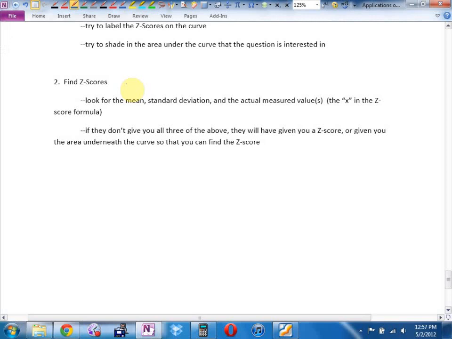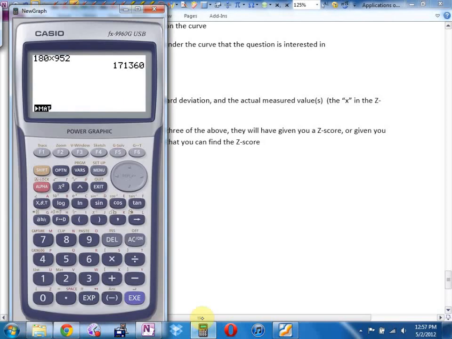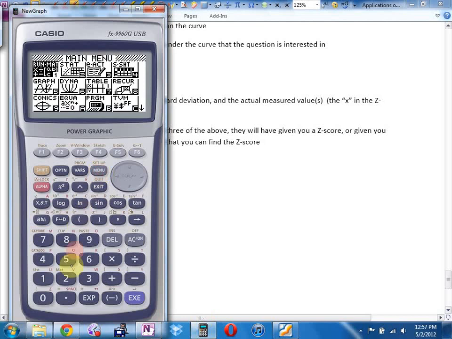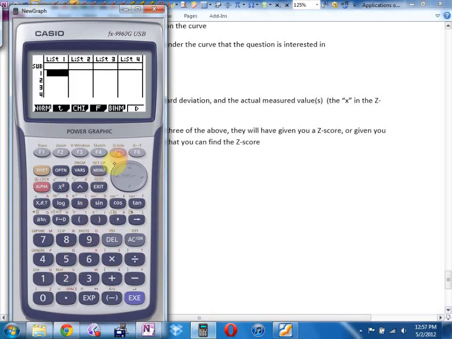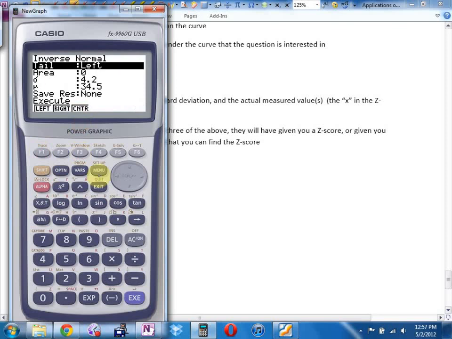Well, I'll give you a hint. Look up stat, dist, norm, inv norm. You can try and figure it out. It stands for inverse norm, going backwards. You can try and figure out how to use it yourself if you want to, but that's going to be Friday's lesson.